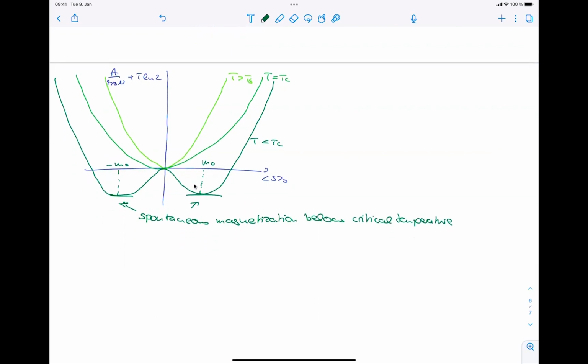And so this is the so-called Mexican hat that you see here. The hat, whatever.